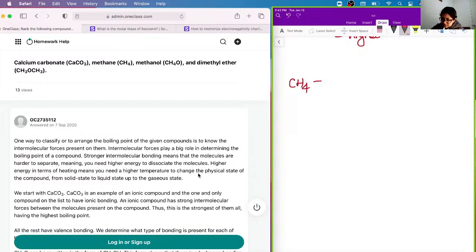So CH4 has dipole forces and London dispersion.